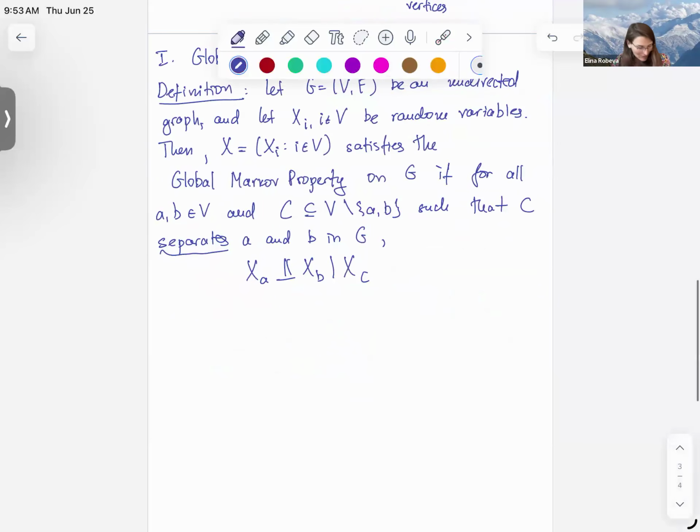So here's an example. Actually, I have an example so that I don't confuse the letters. Okay, so there's a lot of different options.